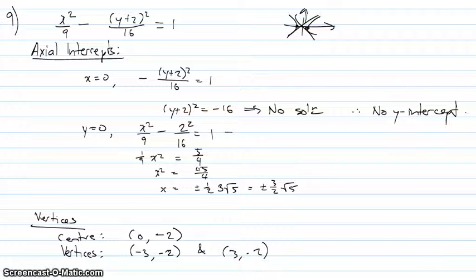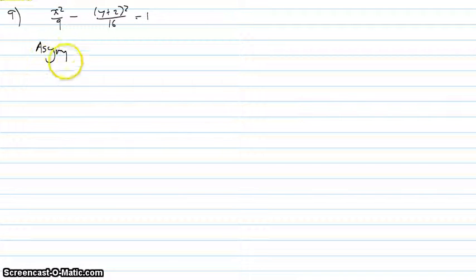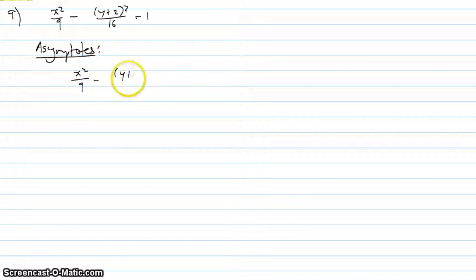What about then our asymptotes? Again, we have x squared over 9 minus (y plus 2) squared over 16 equals 1. For our asymptotes, we set this equation equal to 0. So x squared over 9 minus (y plus 2) squared over 16 equals 0.